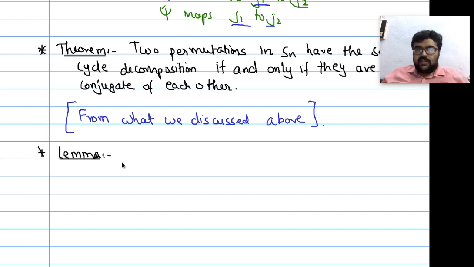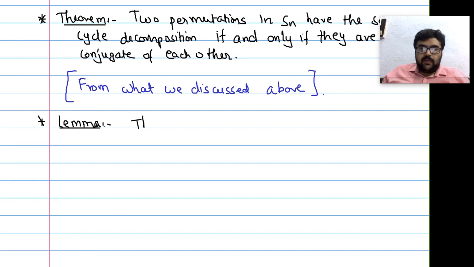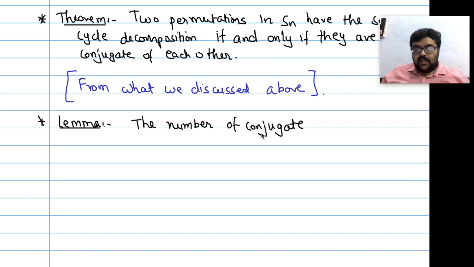So that is the result. This also is asked in NET. Such types of questions are asked: the number of conjugate classes, and it was asked about S6. How many conjugate classes are there in S6?